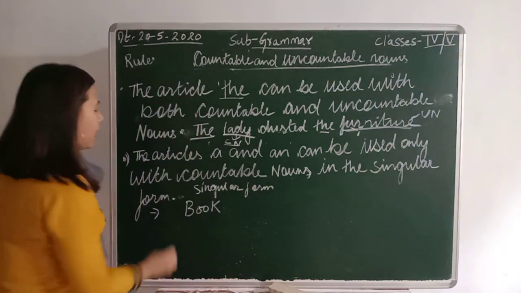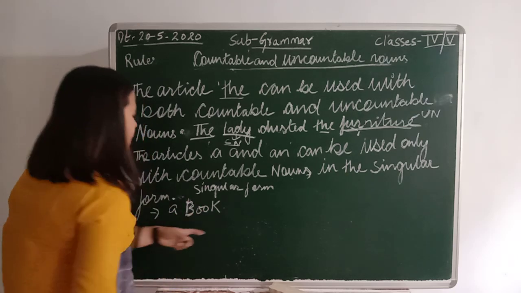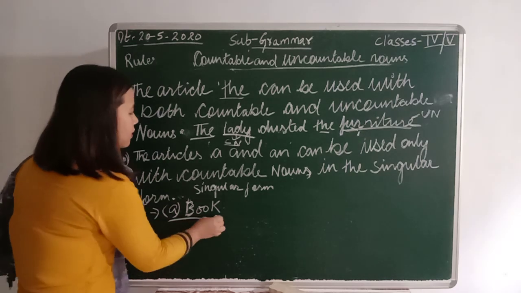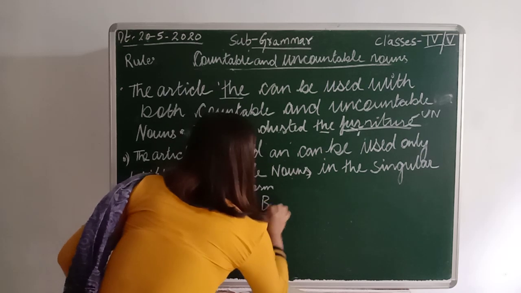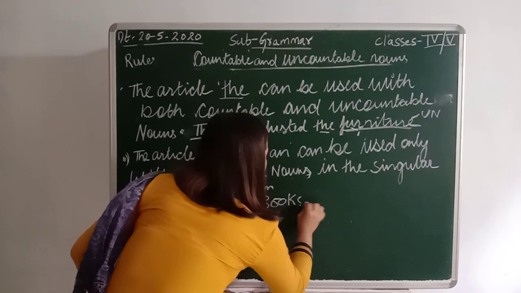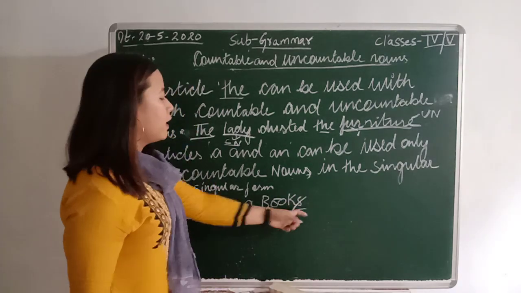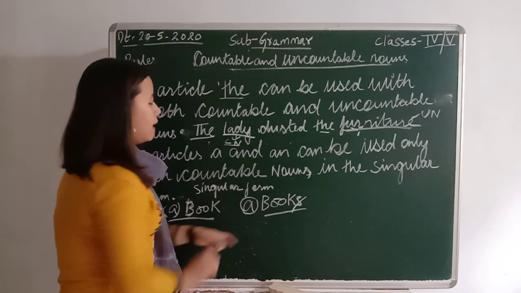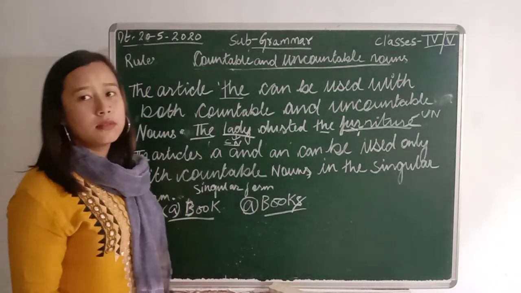So we have to write a before book. The article a. We cannot write a books because it is in plural form. So we will not write S or a with an uncountable noun.